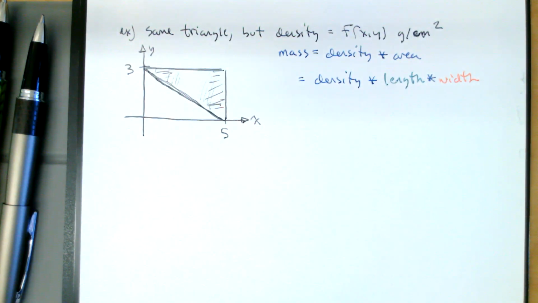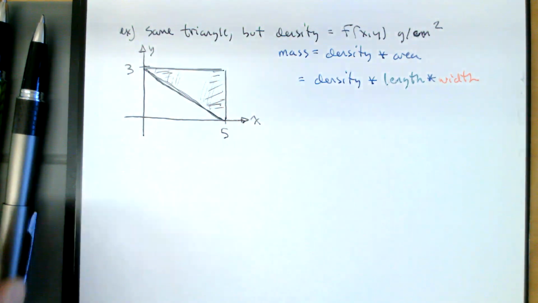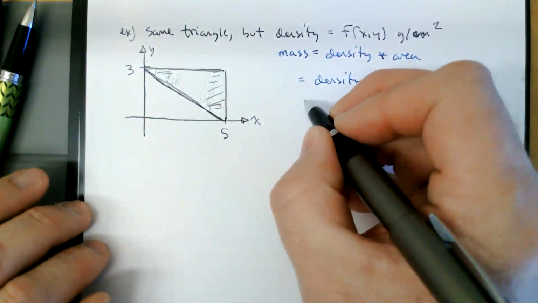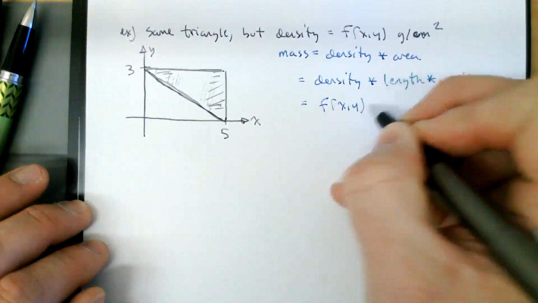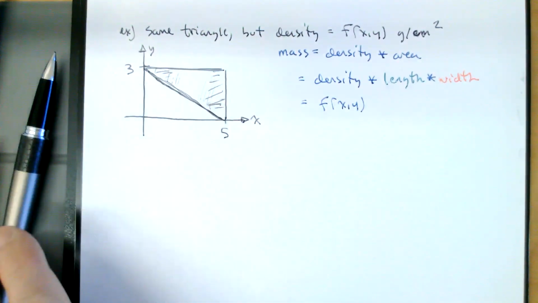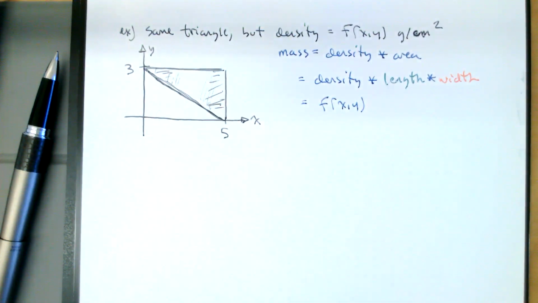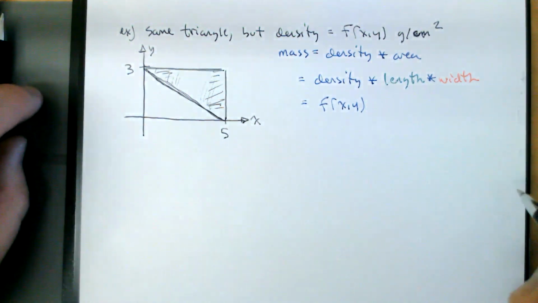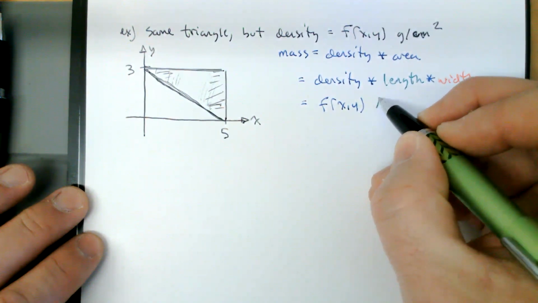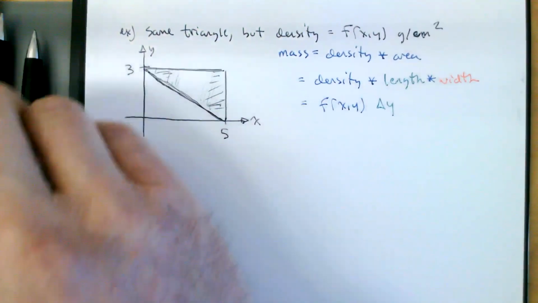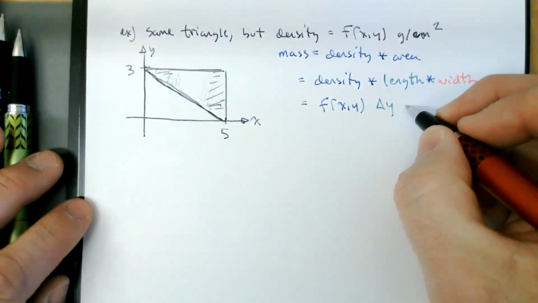The difference is that our density is a function of two variables. Our density is a function f of x and y. That means our length and our width are going to be deltas. So the length is going to be the delta y, and the width will be the delta x.